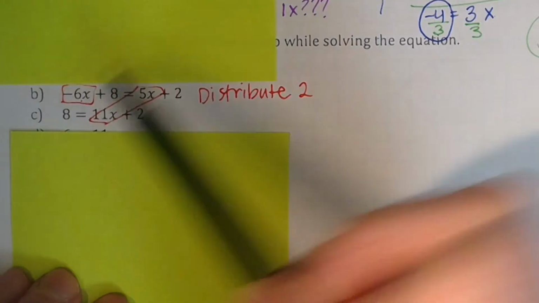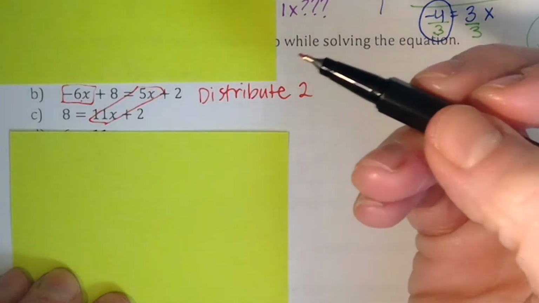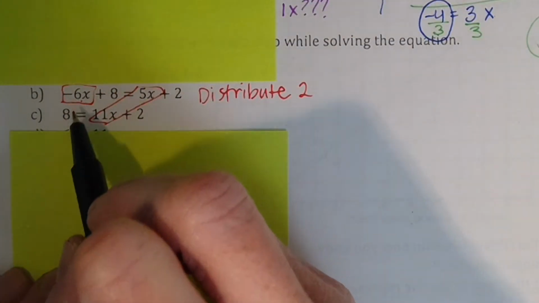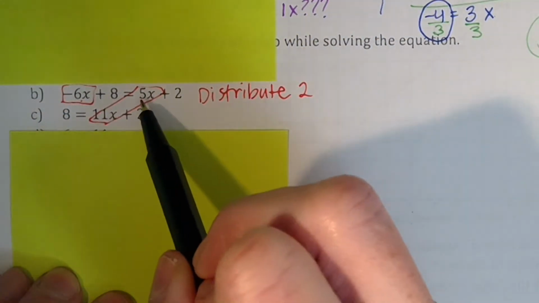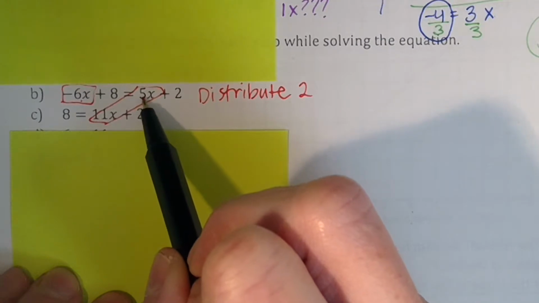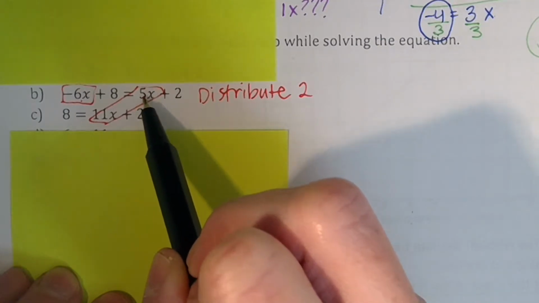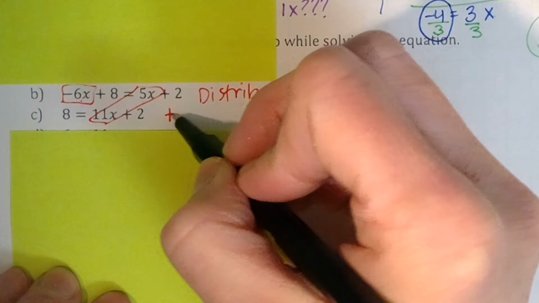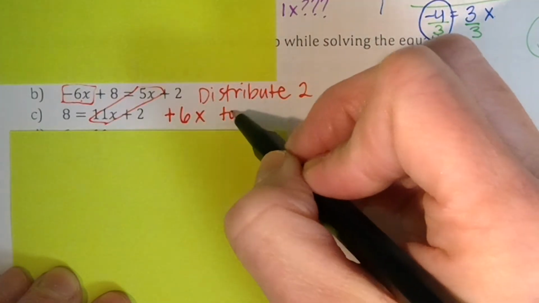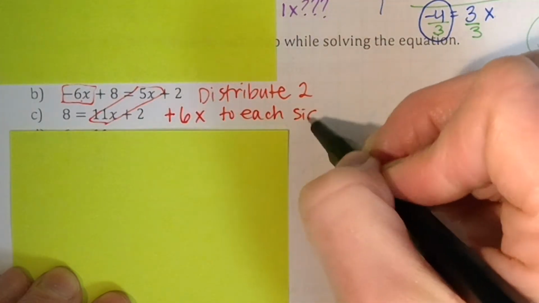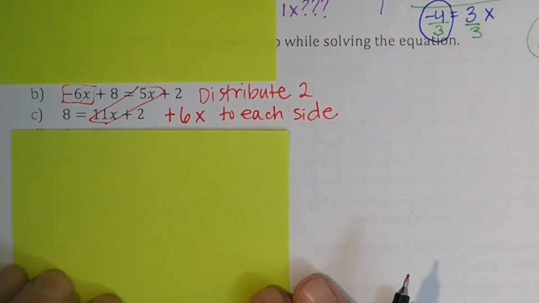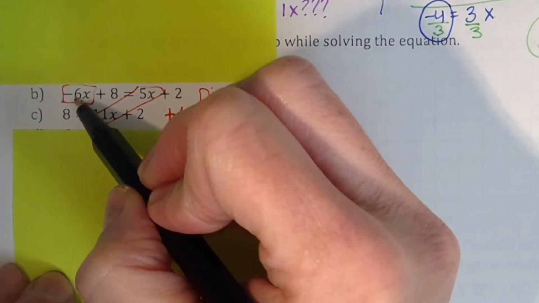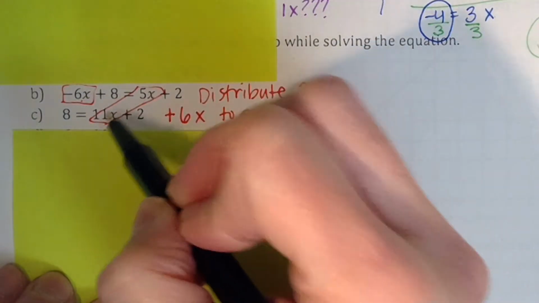So on the left side, for my negative 6x to disappear, negative 6x plus 6x cancels out. What's 5x plus 6x? 5 plus 6 is 11. So we added 6x to each side. If you see here, negative 6 plus 6, 5 plus 6.